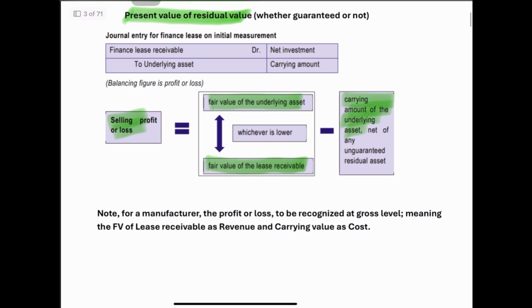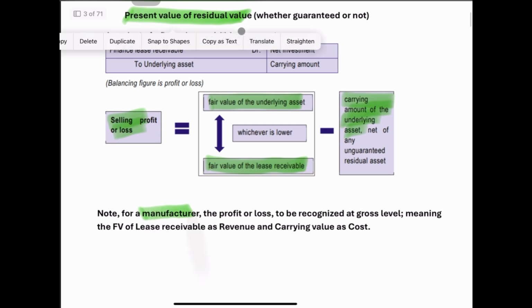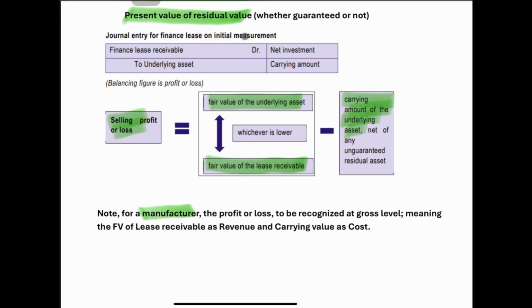But here you have one small catch. If a manufacturer leases out one of its machinery, then since he is a manufacturer, his sole business motto is to manufacture machinery and sell to customers. So if it is sold on a finance lease basis, then it is actually a sale, so you have to recognize profit or loss at gross level, meaning you recognize your turnover as revenue and the manufacturing cost or carrying value of the machinery as your direct cost.